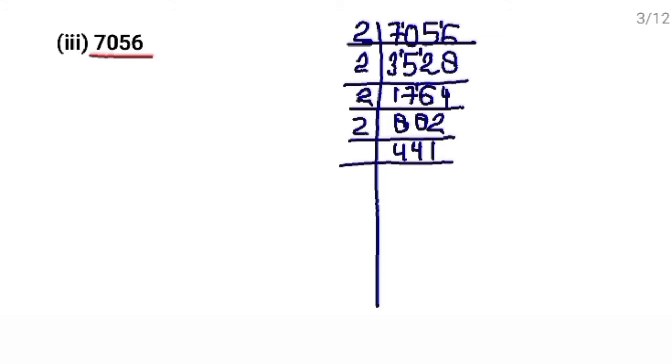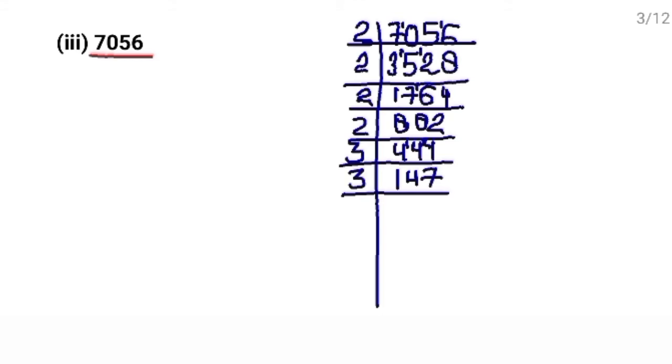Now this is not divisible by 2 because the last digit is not even. Check by 3. 4 plus 4 is 8, plus 1 is 9. 9 is divisible by 3. So this will be divisible by 3. 3 ones are 3, 1 is remaining. 3 fours are 12, 2 is remaining. 3 sevens are 21. Again check by 3. 7 plus 4 is 11, plus 1 is 12.